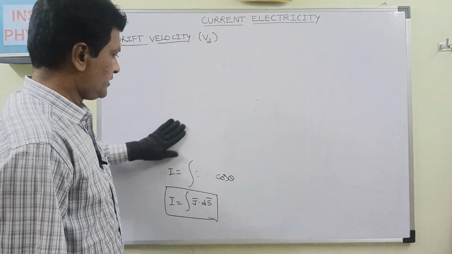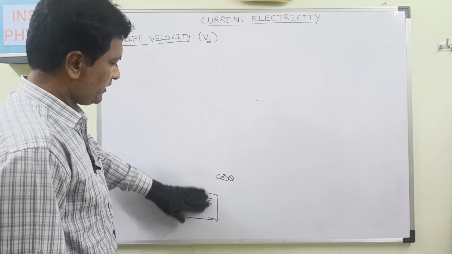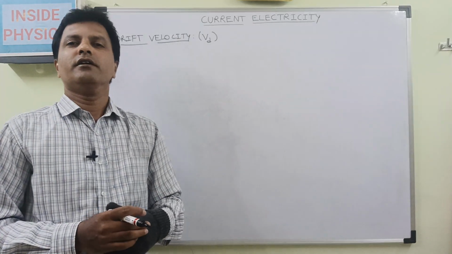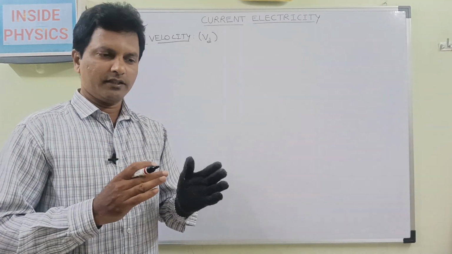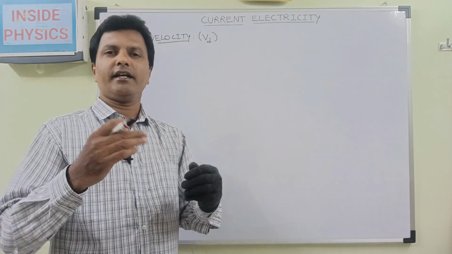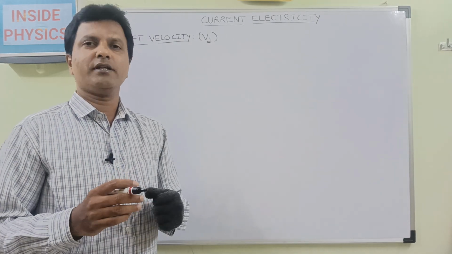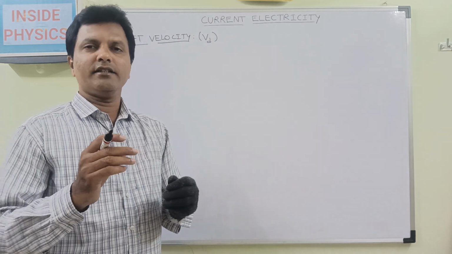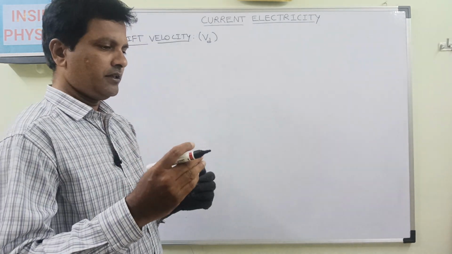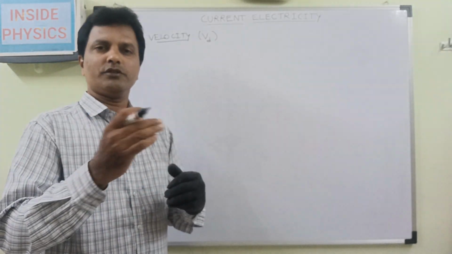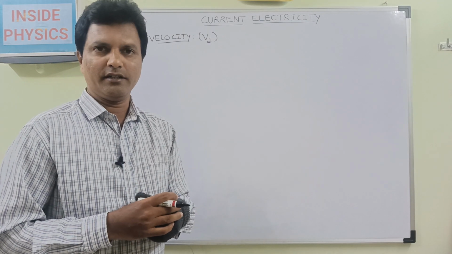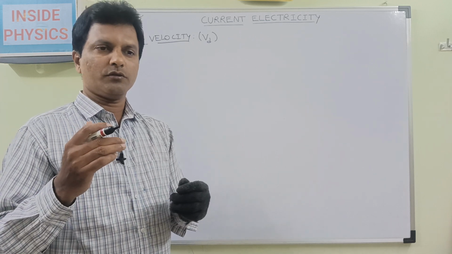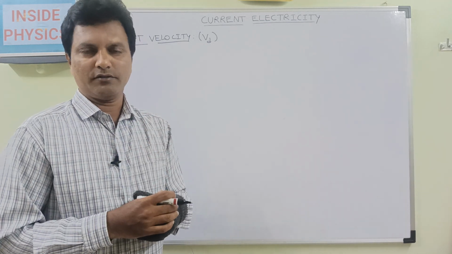The drift velocity is the average velocity acquired by the charged particles when the conductor is placed in an electric field. The charge carriers will be moving opposite to the direction of the electric field. That means they gain some velocity to move opposite to the direction of the electric field.